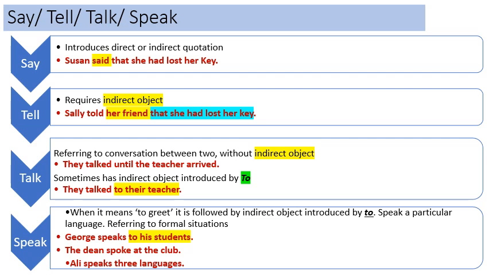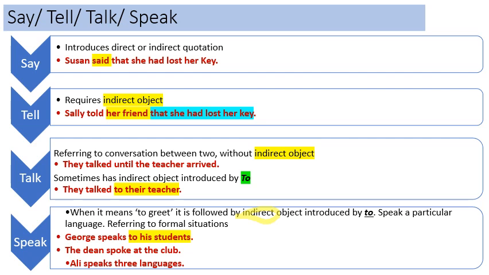If you have speak, if it means to greet or to salute somebody, then it is followed by an indirect object, and this indirect object is introduced by to. If you want to speak a particular language as well, it is followed by a direct object, or referring to a formal situation.